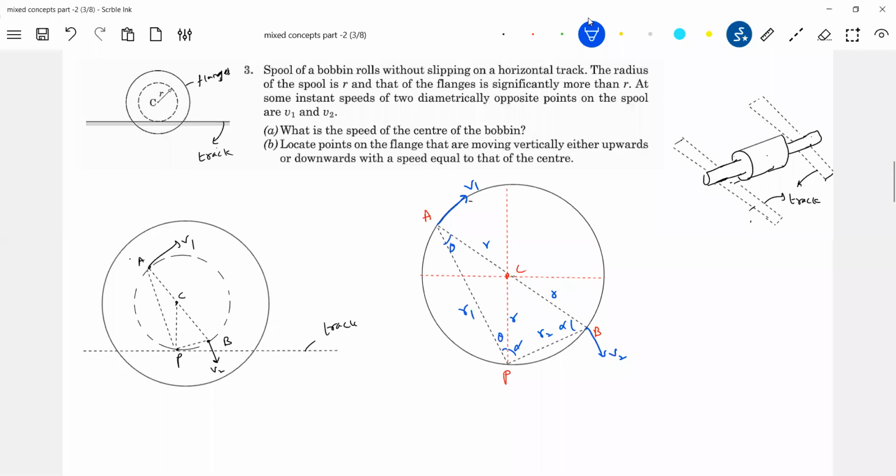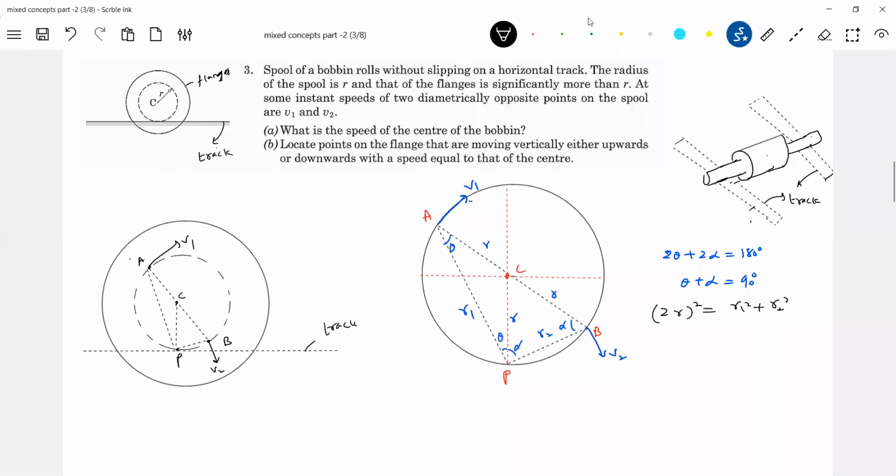So 2 theta plus 2 alpha should be 180 degrees, so theta plus alpha is 90 degrees. I am getting a right angle triangle, which will help us a lot. In this triangle, (2r) squared is equal to r1 squared plus r2 squared.